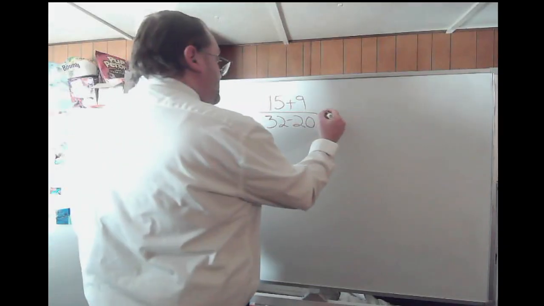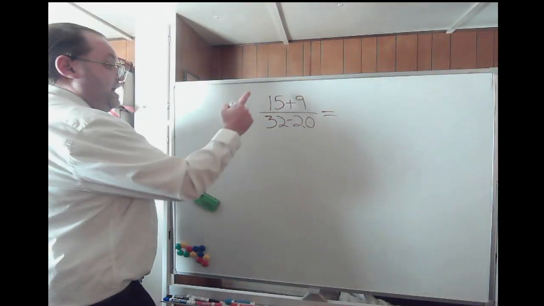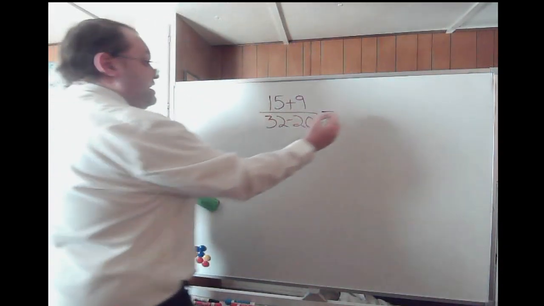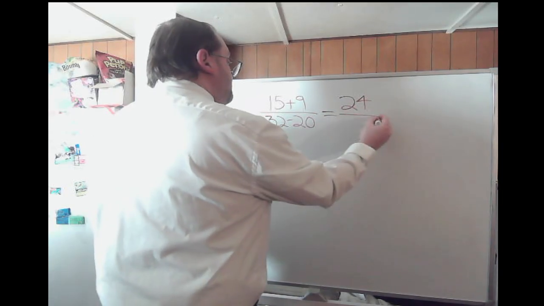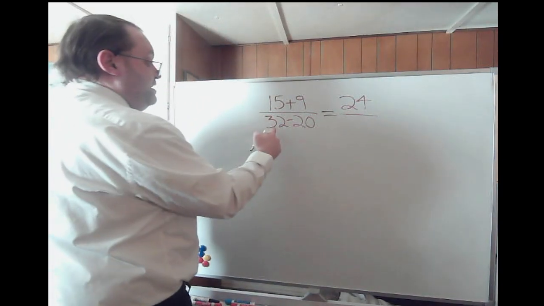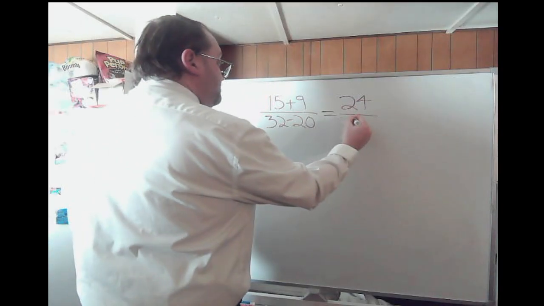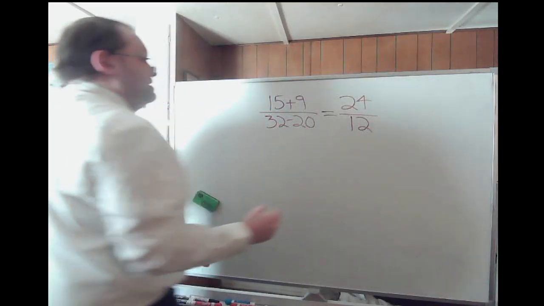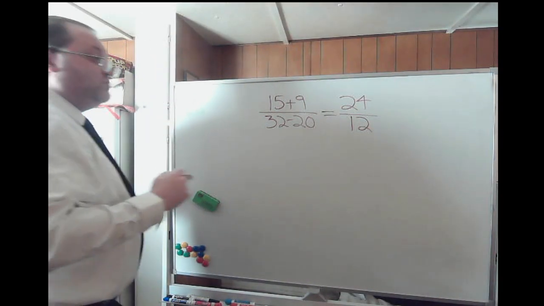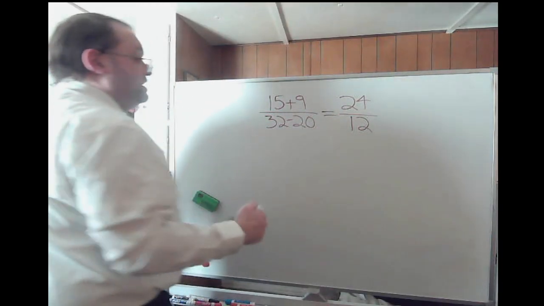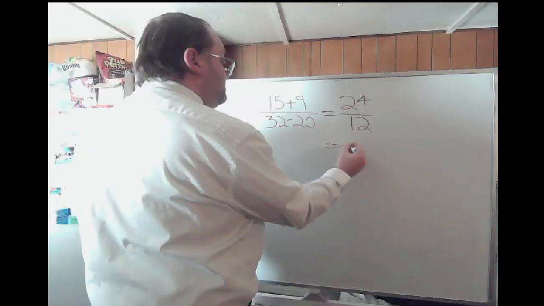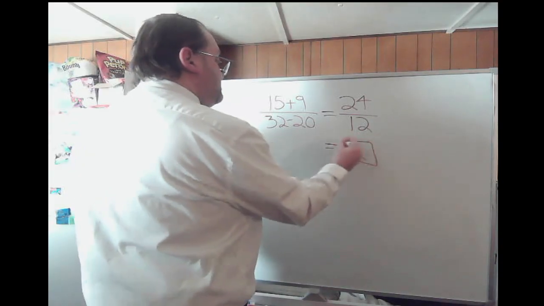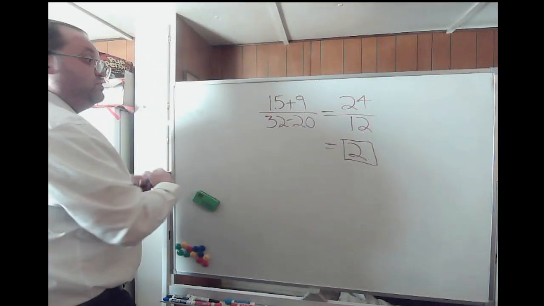Let's add up the numerator. 15 plus 9 is 24. And then let's do the denominator. 32 minus 20 is 12. We're not done, though. We can get this into simplest form. 24 over 12 is actually a division problem. 24 divided by 12 is 2. So the answer we'd be looking for is 2.